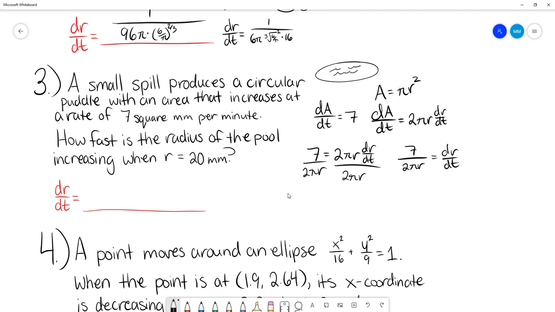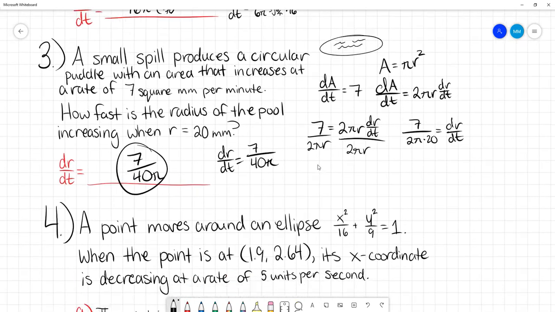So I'm going to plug that in there. That's going to be 2 pi times 20. So dr dt, as I rewrite it over here, is going to be 7 over 2 times 20 is 40 pi. 7 over 40 pi. Ta-da! That was one of the easier ones.